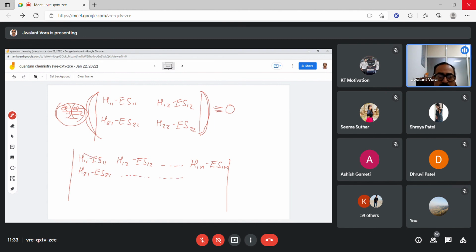Here on the diagonal, HAA minus ESAA type will come. HN1 minus ESN1, HNN minus ESNN, that will become equal to 0. This is the way by which we can solve the secular determinant.